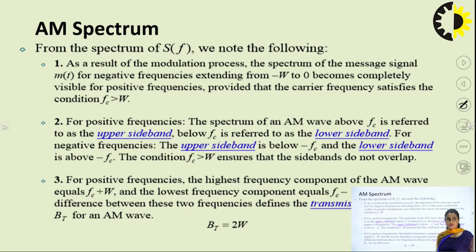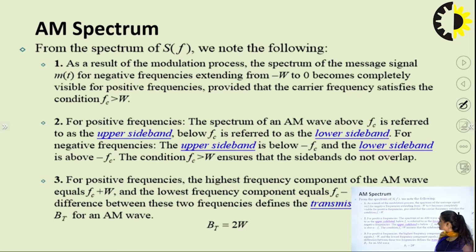So from the spectrum, as a result of the modulation process, the spectrum of the message signal for negative frequencies extending from -W to 0 becomes completely visible for positive frequencies, provided that the carrier frequency satisfies this condition, right? So that's why these conditions are important.